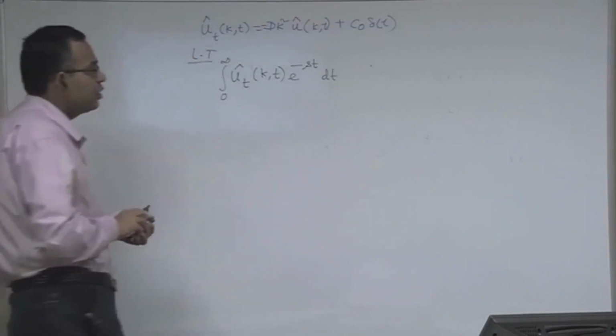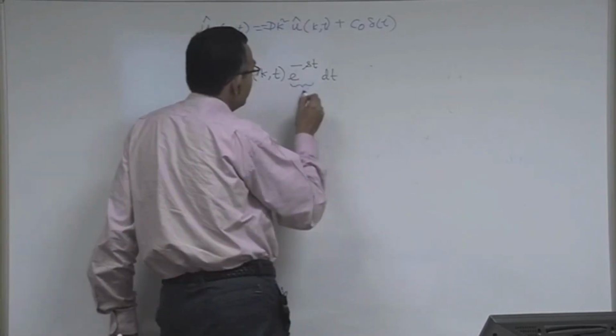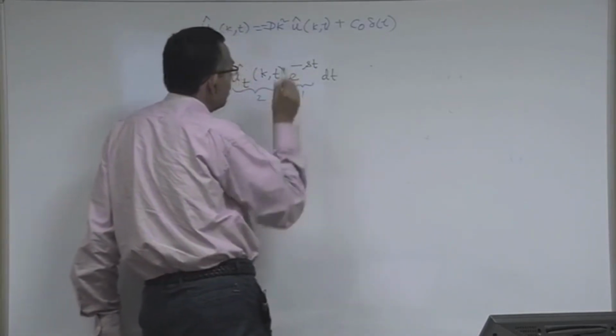So again we will take e to the power minus st as the first function and this as the second function.